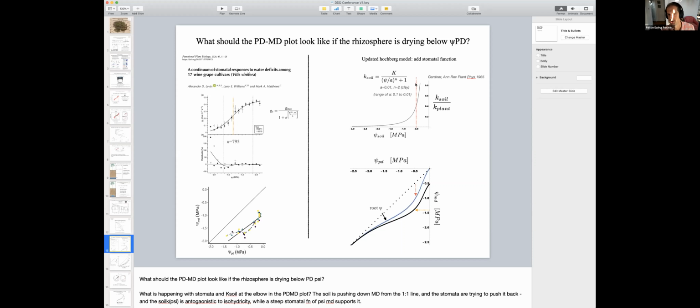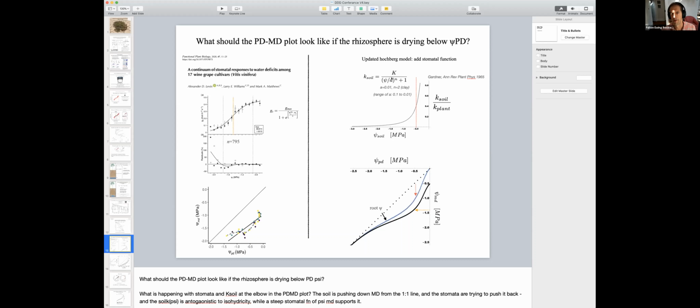Look at the steepness of this curve. There's no way to avoid that. The soil is going to push you as negative as you need to go until your stomata regulates. So here we have the stomata, at the point of this arrow is your 50% closure point. That's pushing this curve back towards the one-to-one line. These are the forces that are acting on this curve.